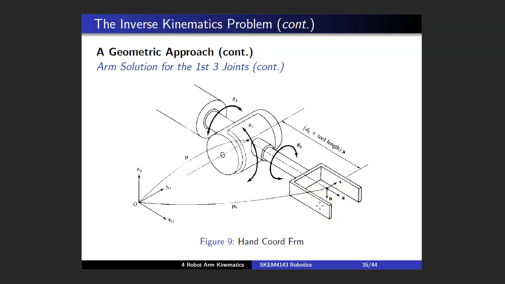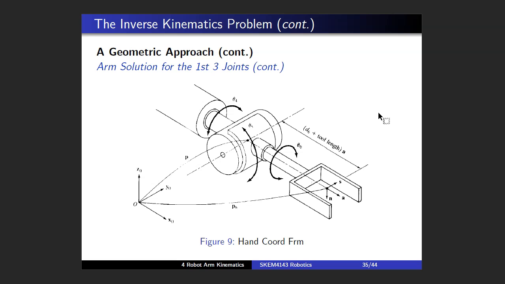But from our establishment of coordinate frames according to the DH representation, A is the third column of our homogeneous transformation matrix T60.